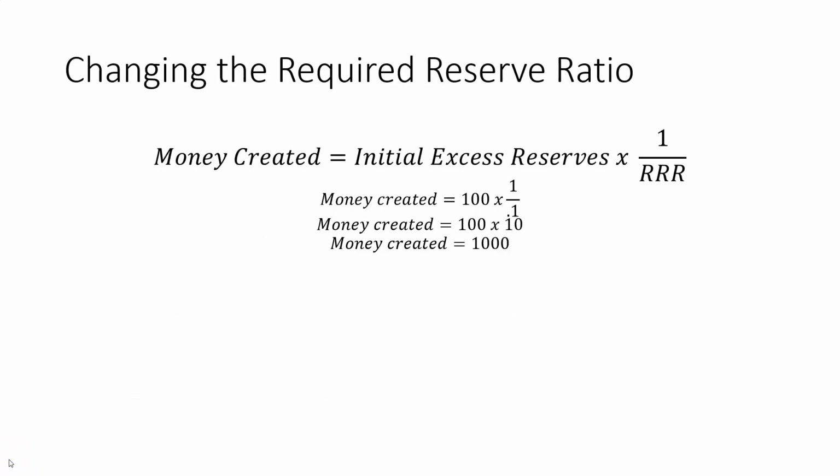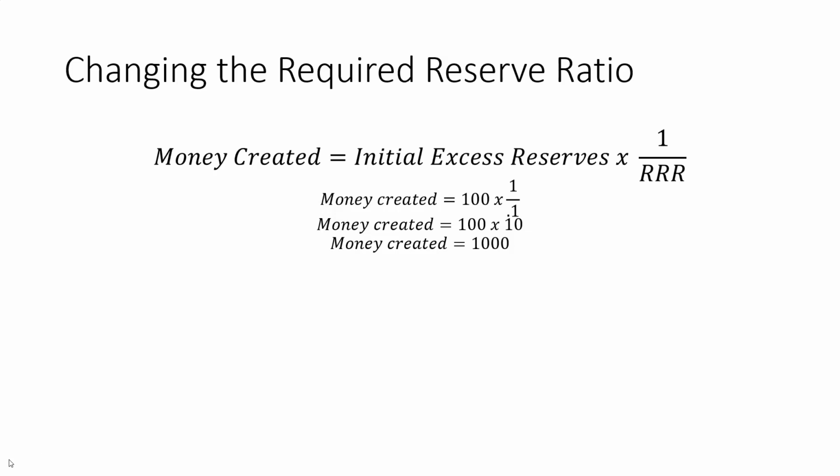If you recall, last week we looked at how the banking system creates money. And it creates money by lending and relending the same money over and over again. And we used the money multiplier equation here to calculate the total amount of money that could be created in that example we used.